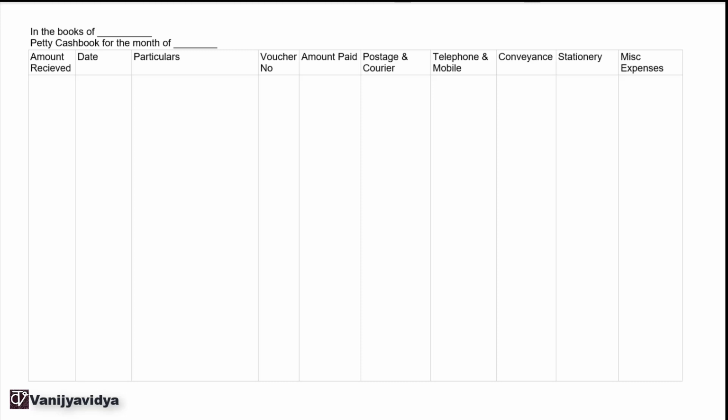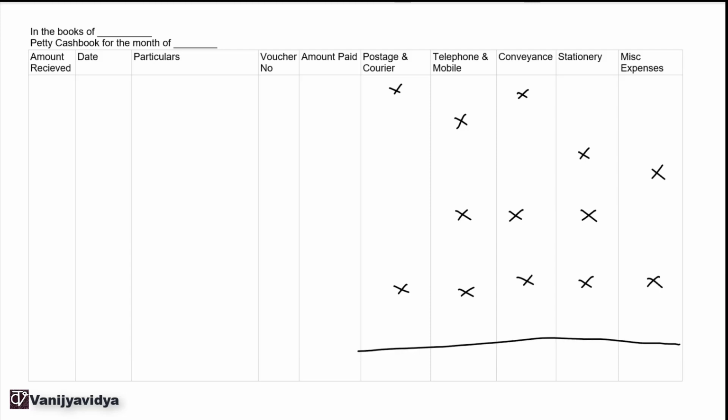So say there are individual transactions which are recorded in the petty cash book on day-to-day basis for a particular month. So at the end of the month, the total will be taken for each account, and then the journal entry will be passed for these periodical totals in your respective expense account and petty cash account.